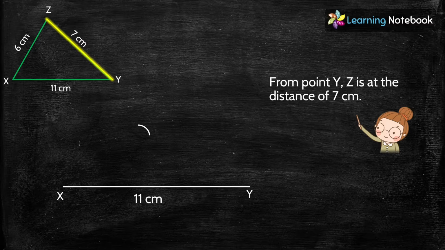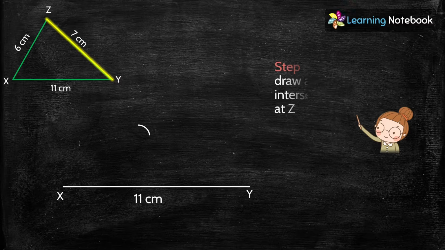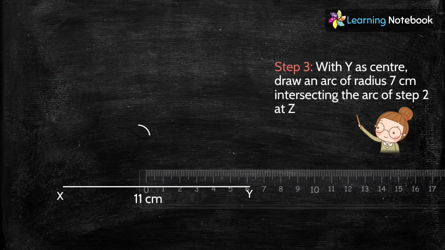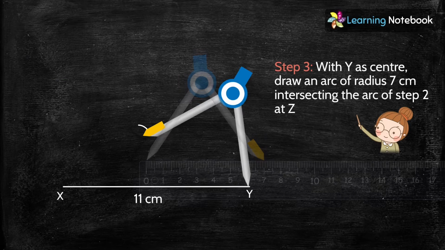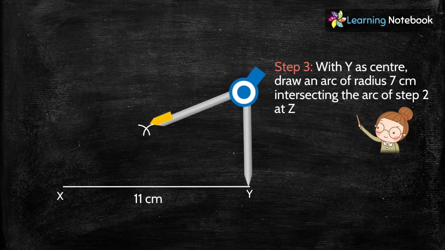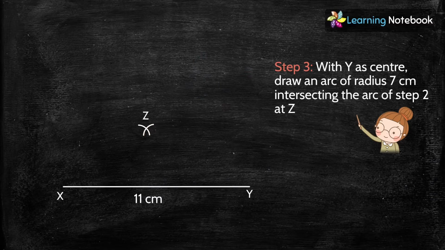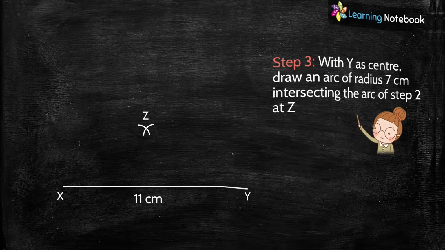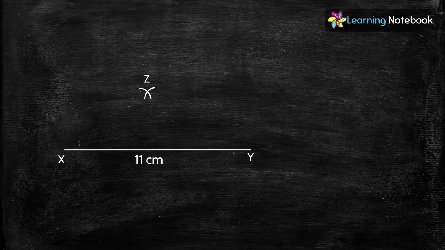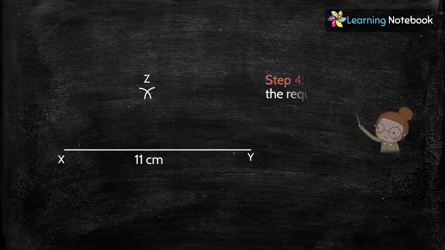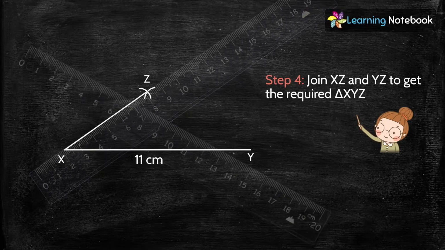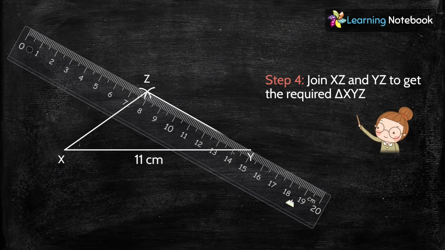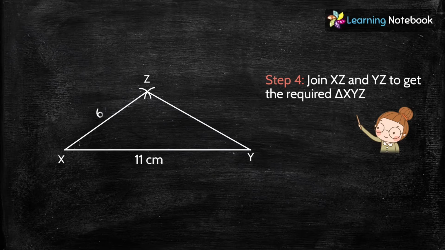So students, in step 3, open the compass to 7 cm and with Y as center, draw an arc which intersects the previous arc at point Z. Now in the last step, we will join XZ and YZ to get the required triangle XYZ.